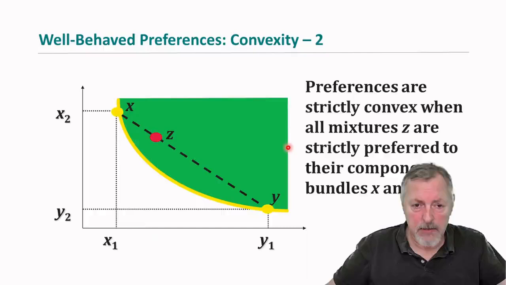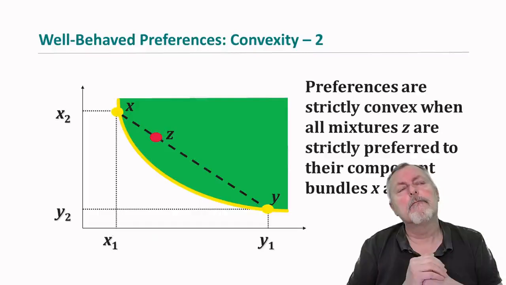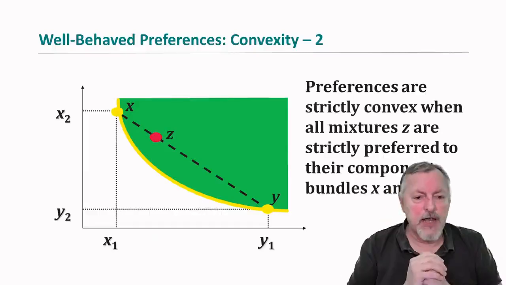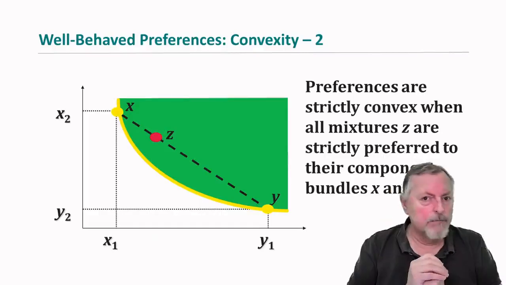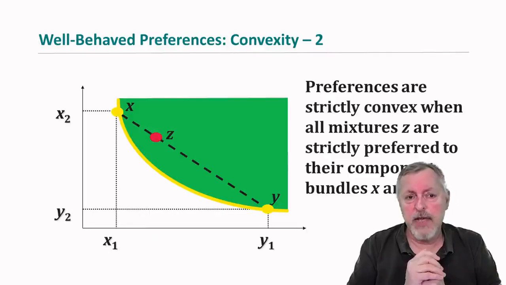Preferences are strictly convex when any mixture Z of bundles X and Y is strictly preferred to those bundles. Let's say X is steak, Y is potatoes.